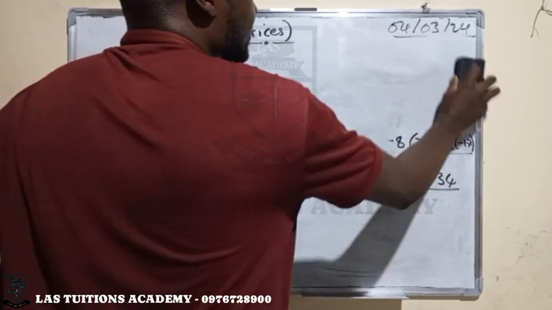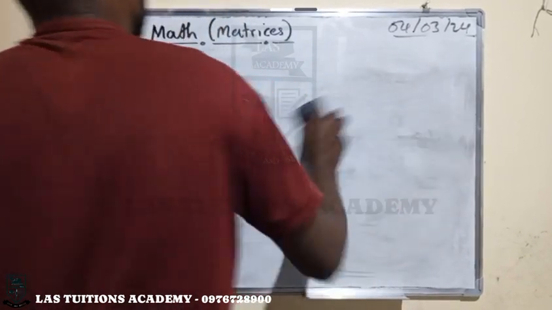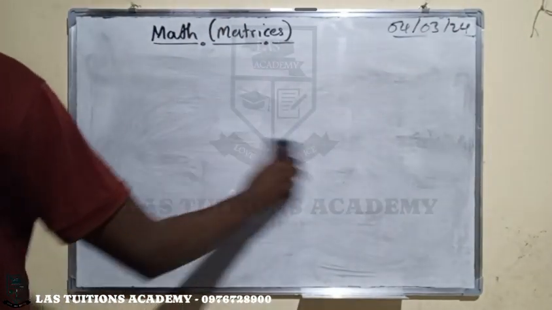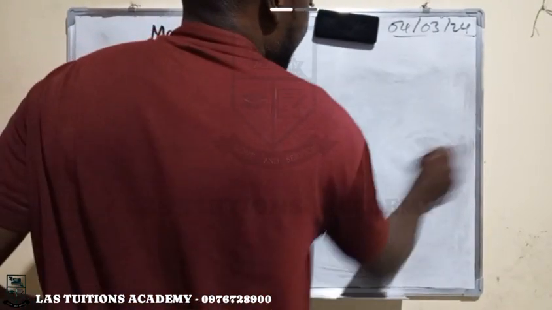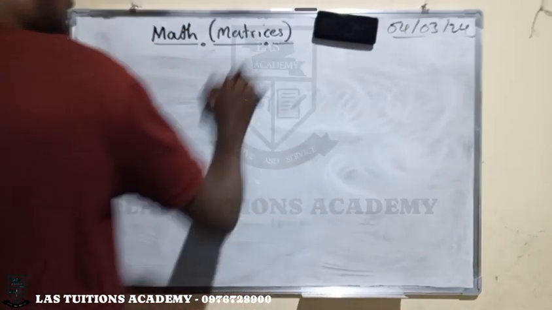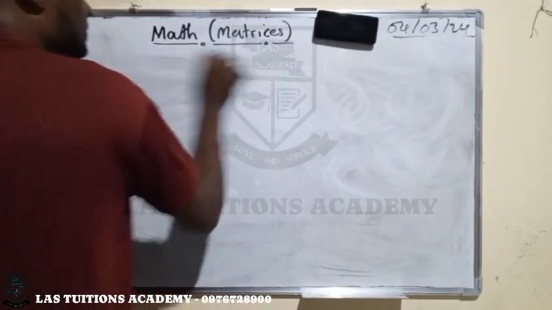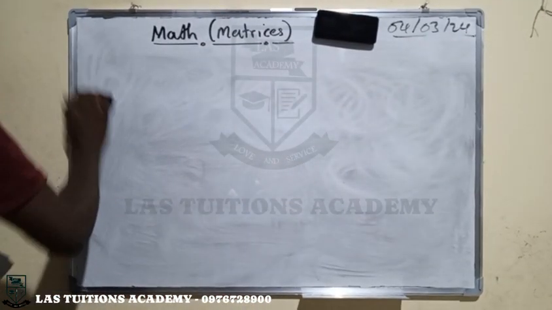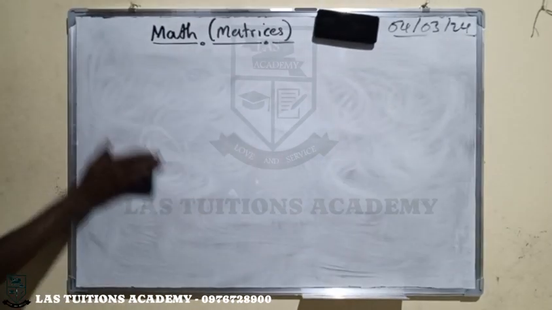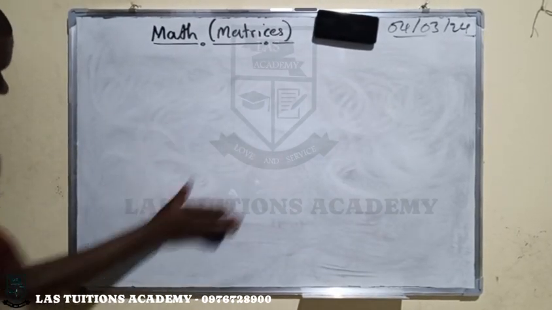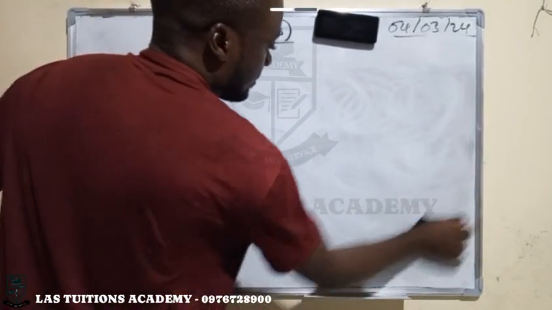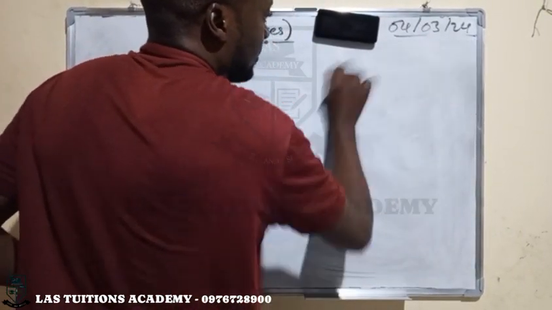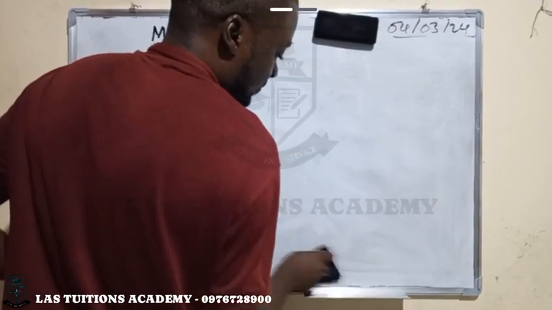Which one? I've also forgotten. I need to check in my book first. Okay. So maybe we can work on it in the remaining time. What do you think? Yes, sir. Let's solve it.